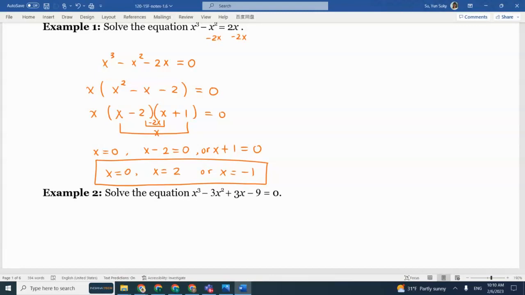Now, if you have three terms, try the factoring like this. But if you have four terms, try grouping. Group the first two together, group the last two together, and try to factor. So if we see four terms, group them into pairs.